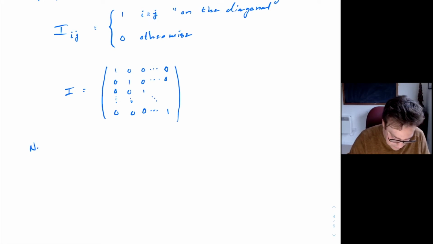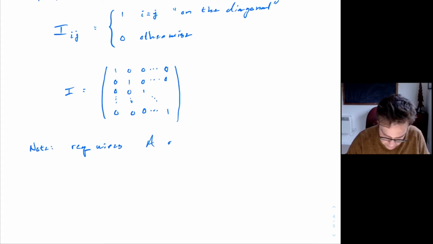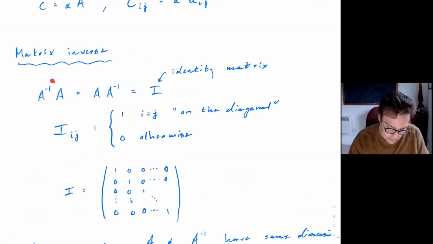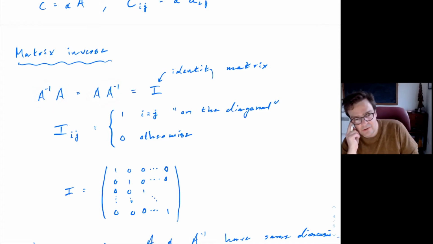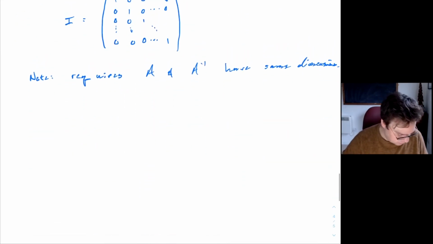Okay, and so we'll make a little comment here. Note, this requires that A and its inverse have the same dimensions. And it requires that because you've got them in the opposite order here. The only way that you could flip the order of the matrices and have the multiplication of them still make sense is if they had the same dimensions and if they were in fact square.